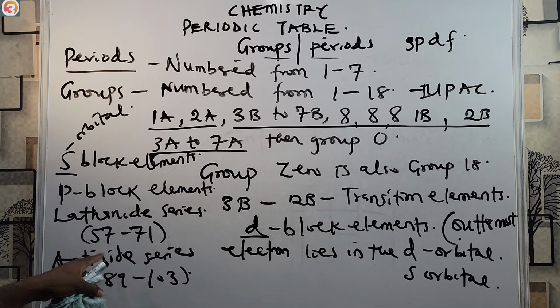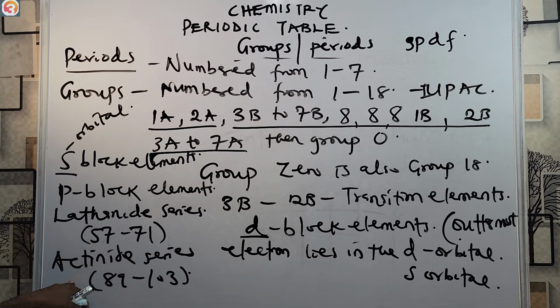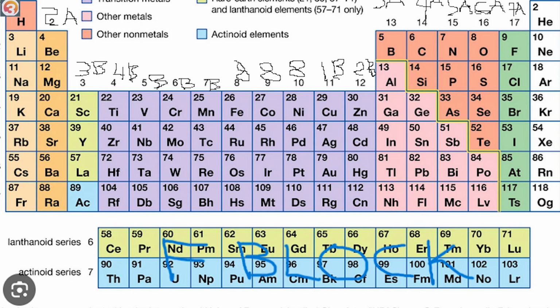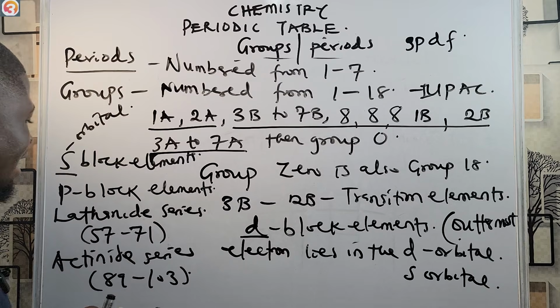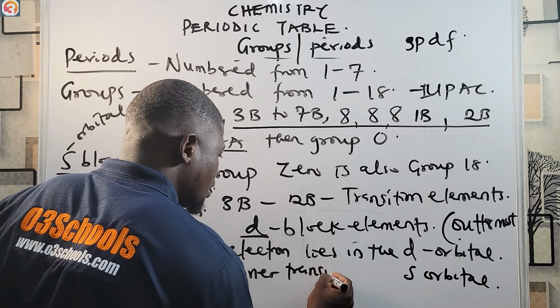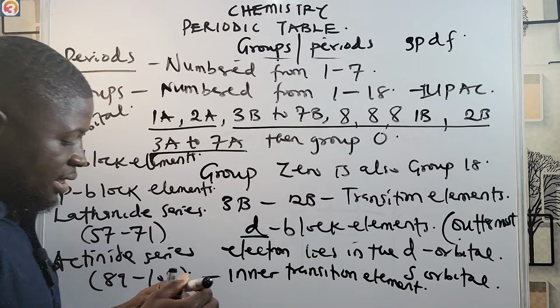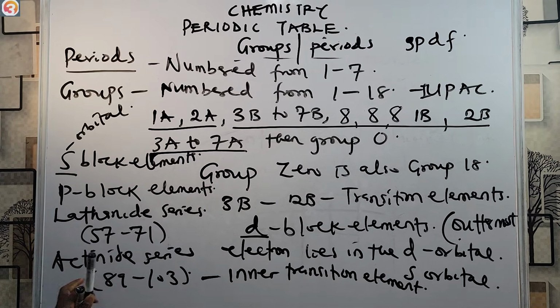So elements 57 to 71 are called the lanthanide series, while 89 to 103 are called the actinide series. Together, the lanthanide and actinide series are called the inner transition elements.